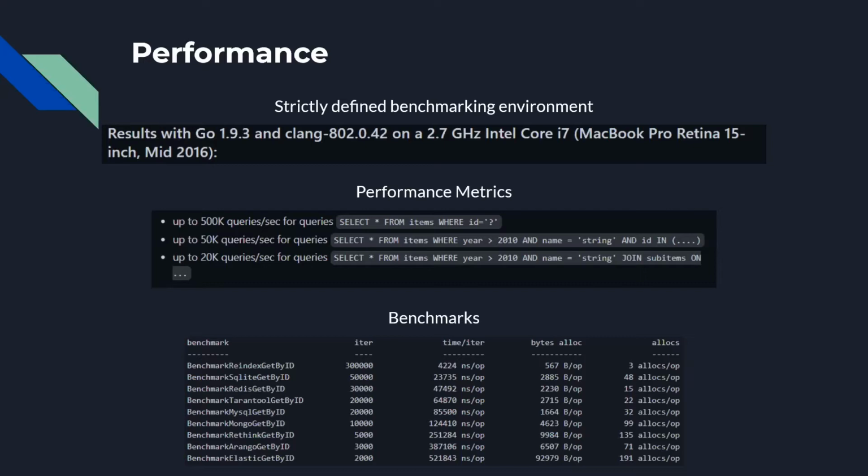Then they specified the metrics and what performance they actually want, like up to 500K queries per second for this query and so on. Finally, they performed the benchmark testing and compared their results with other databases. Everything is there in the repository. This was done pretty well, and no further analysis was required here.